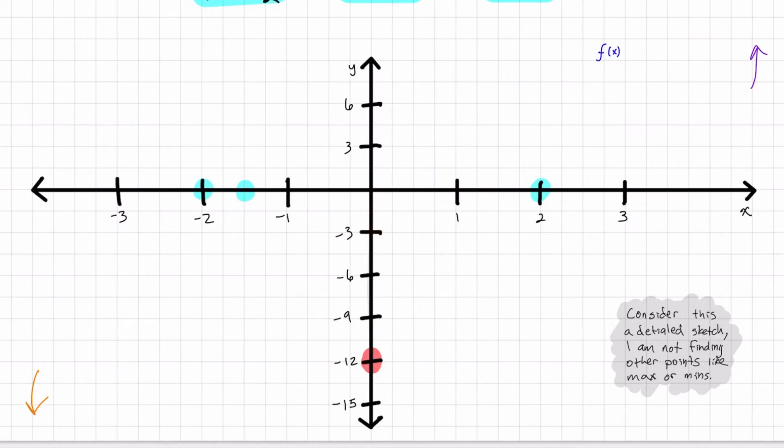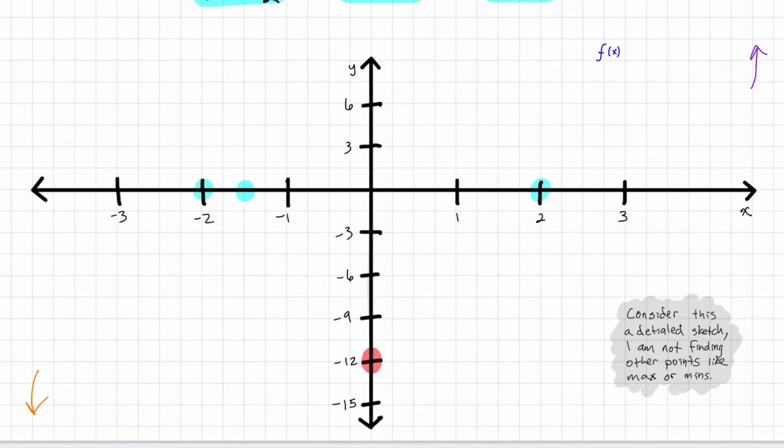Because polynomial functions tend to get really tall, you might need to have your y-axis be a little bit skinnier, with smaller jumps than your x-axis. But whatever you do, make sure along the x-axis it's consistent, and along the y-axis it's consistent.